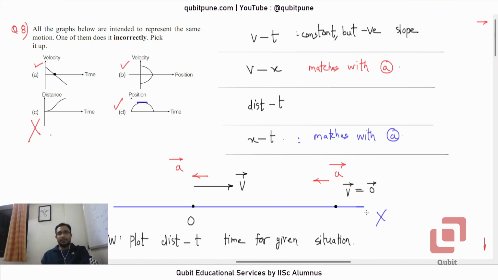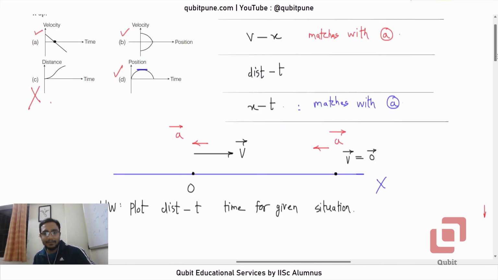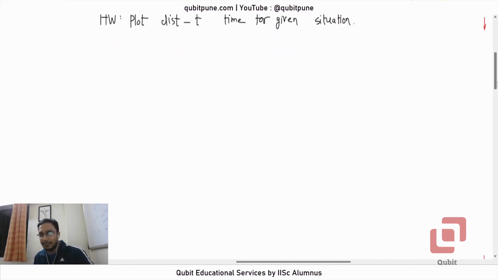Please do it till the body reaches its original position. You know how to do it. You had used equations of motion, v equal to u plus at. And if you know how to use Desmos, assume some values and plot it there. If you send me screenshots, that will be better. Fine. Otherwise, we'll do it in our next class.